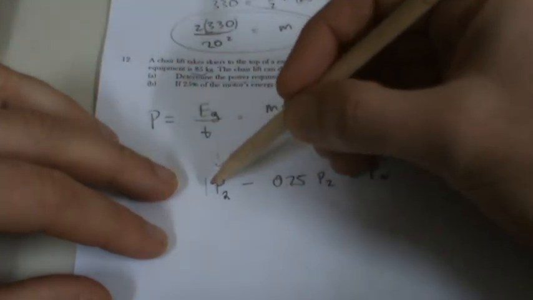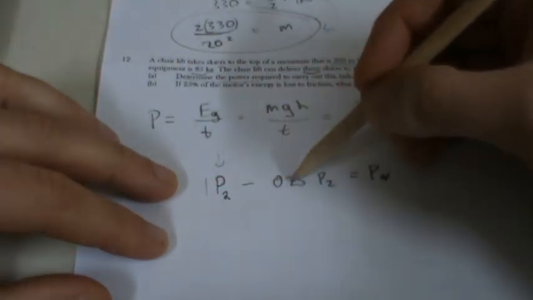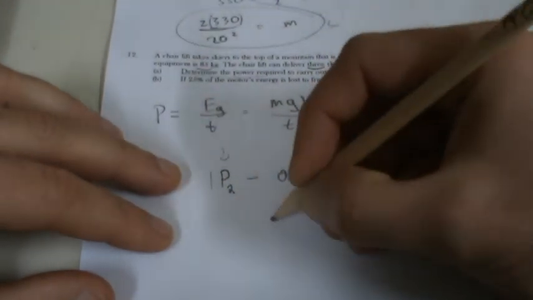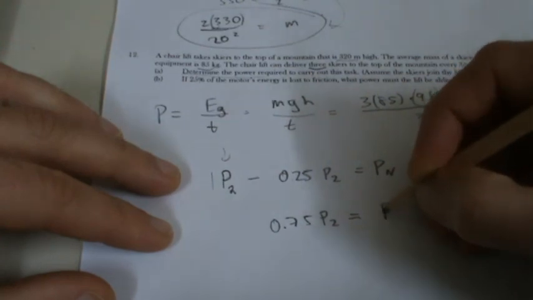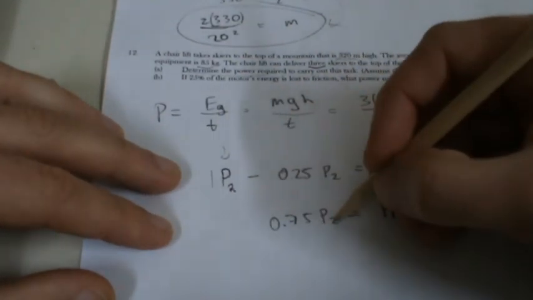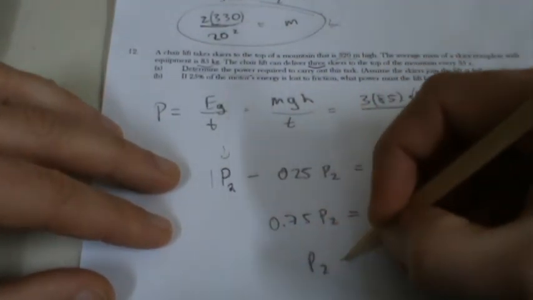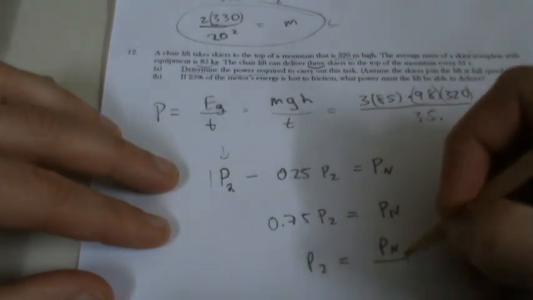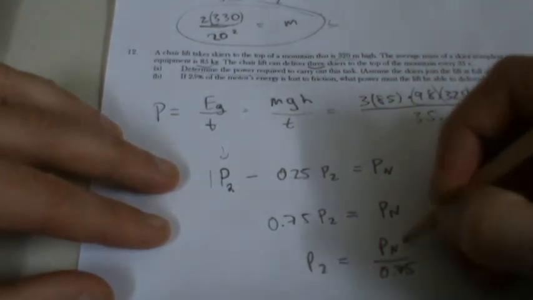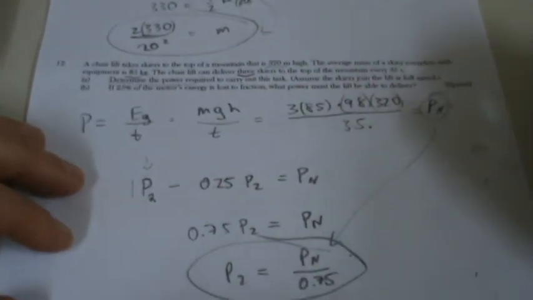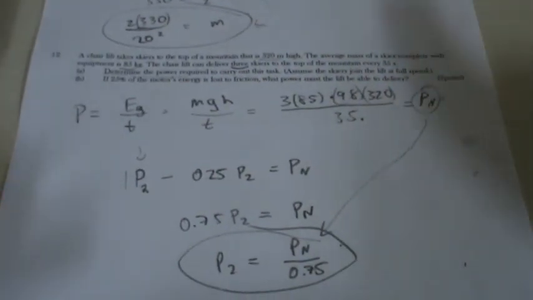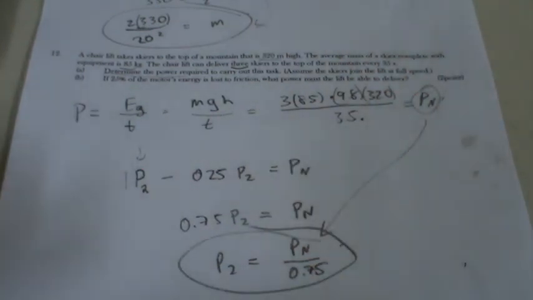Power 2 minus 0.25 power 2 is 0.75 power 2. And so power 2 is Pn divided by 0.75, where Pn is the power we need to get up the hill. Okay.